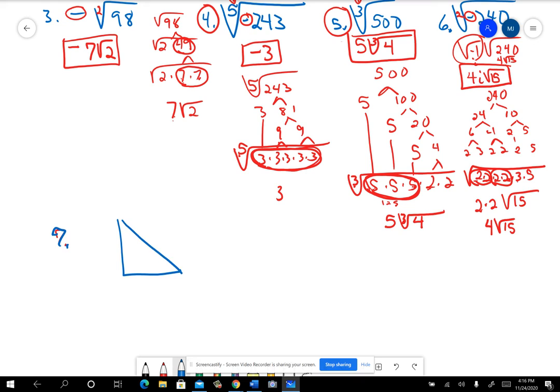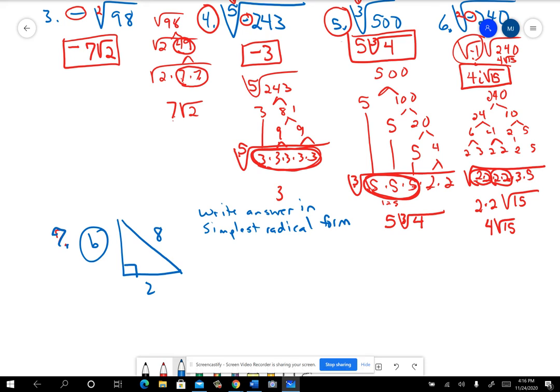So we had this right triangle. We knew this information. It's not drawn to scale. And it says write the answer in simplest radical form. So you're supposed to find b, which is basically the unknown length.